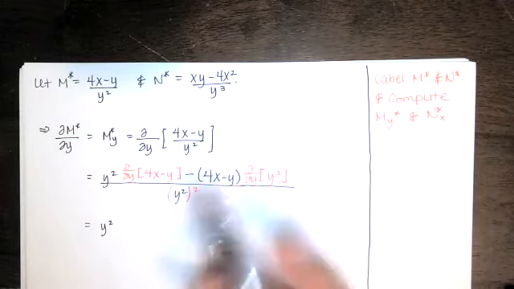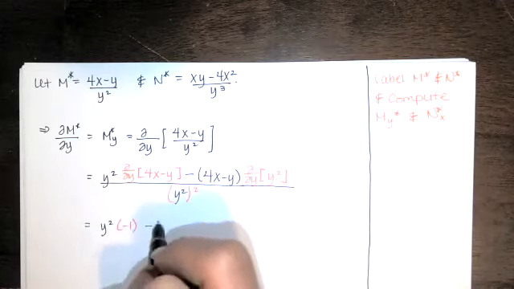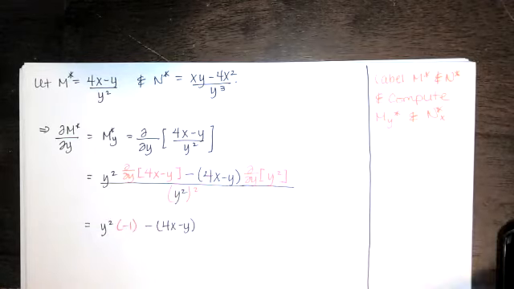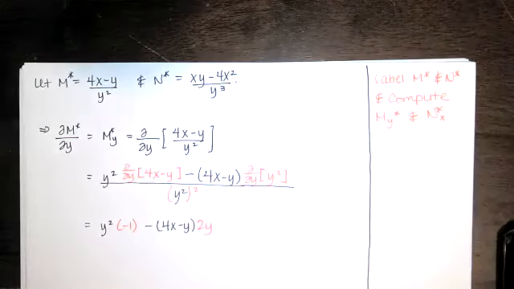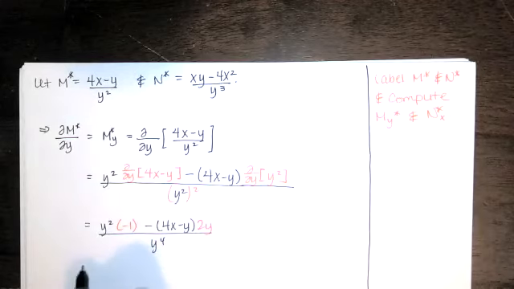The derivative of this function with respect to y is -1. The derivative of that function with respect to y is 2y. And then we're dividing everything by y to the 4th.